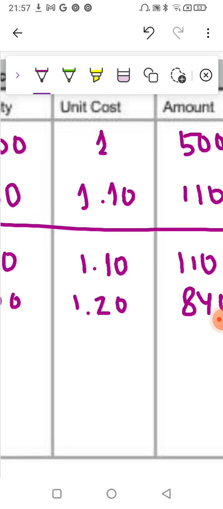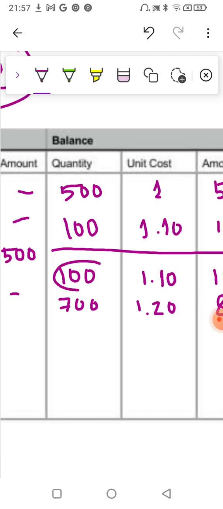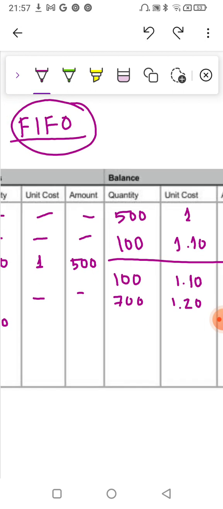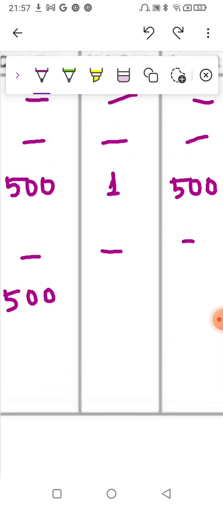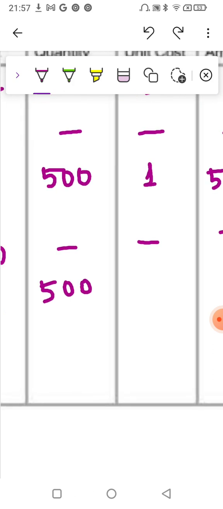The first category that I have is this 100. So from 500, this 100 will be deducted and the remaining 400 will be deducted from 700, because we do not have any more lot of the first category. So that is why my issue will be broken into two parts.